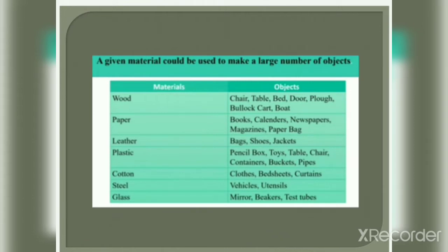Glass could be used to make mirrors, beakers, test tube, etc. Similarly, pen is made of plastic, metal, etc.